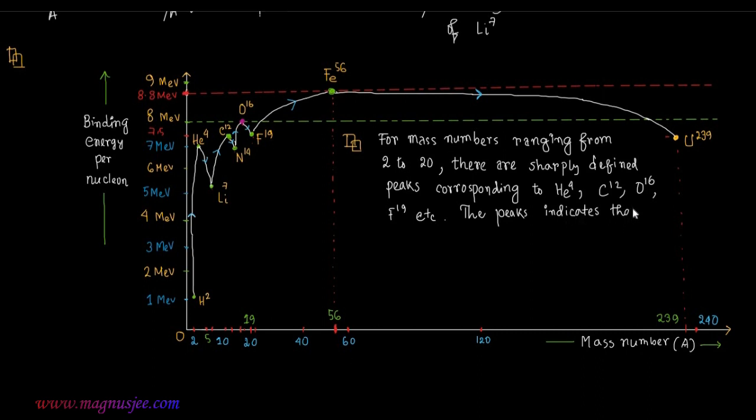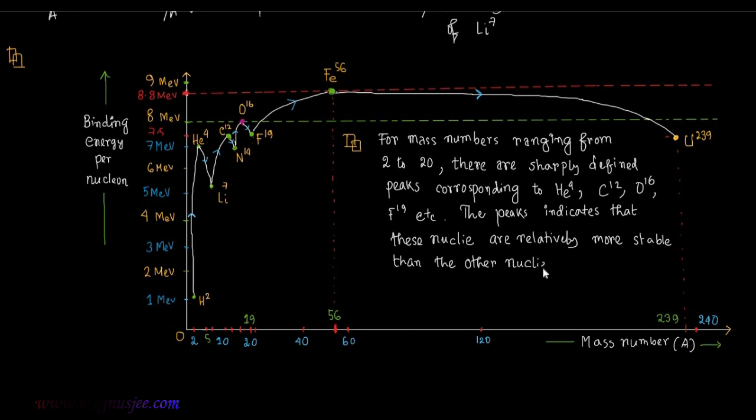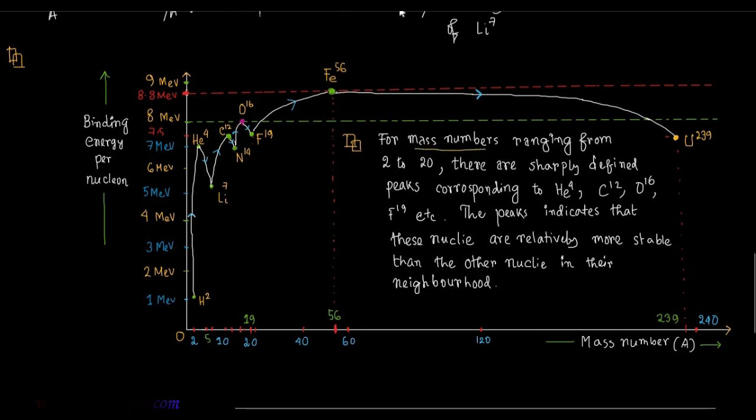These peaks indicate that these nuclei are relatively more stable than the other nuclei in their neighborhood.